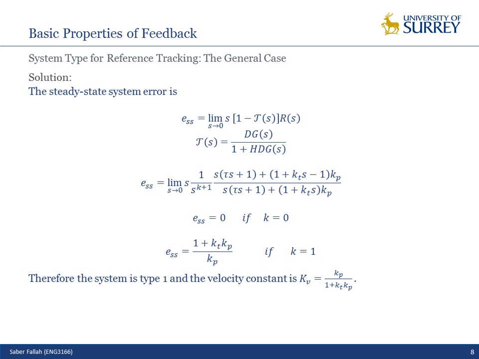This one will be 0. What will happen? How can I get the 1 plus Kt? Which s is cancelled? k is equal to 1. How did I solve this one? Let me see. Okay, in the denominator I have Kp. Oh, yeah, correct. No, I figured out how I solved it.